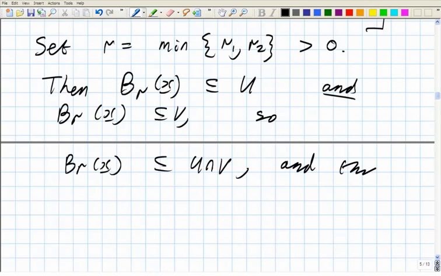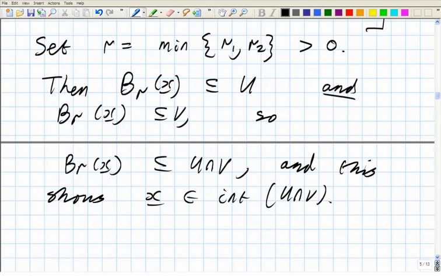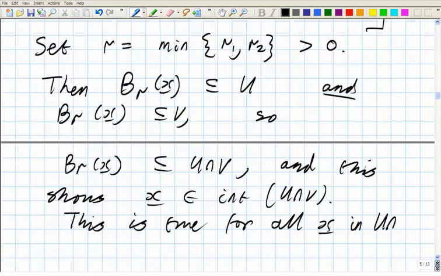And this shows that X is in the interior of U intersection V. But that was true whatever X in U intersection V you took. So U intersection V is open.